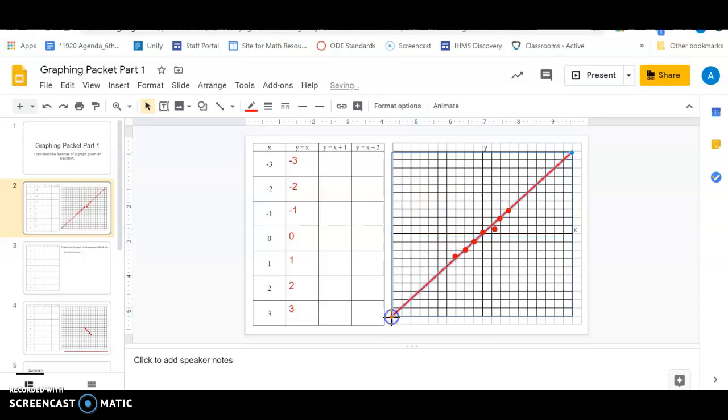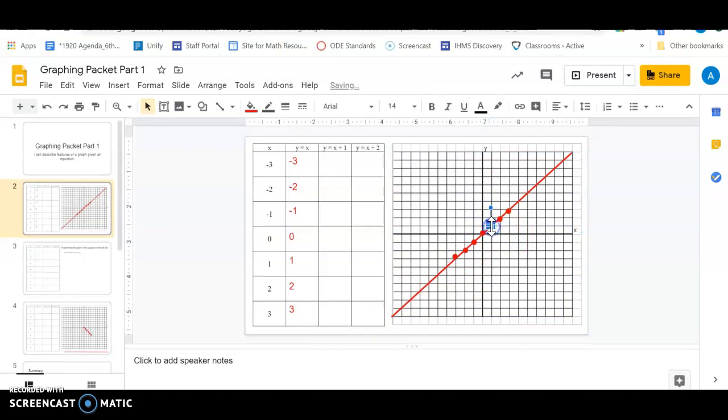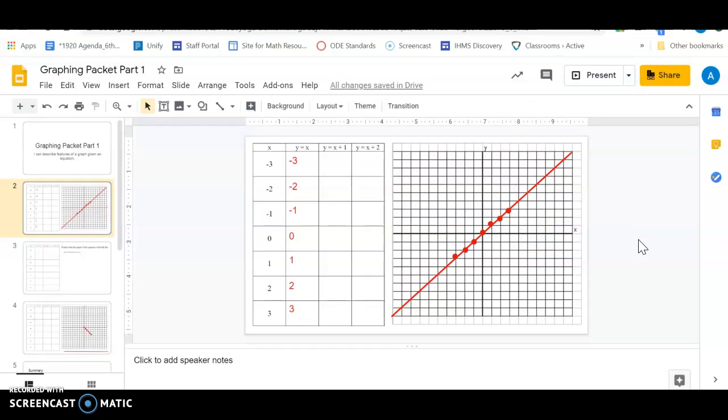Now, these dots are going to be adjustable, so you might want to use them for several different lines as needed. If you don't like them, you can go ahead and just delete them. But look at what y equals x makes. It makes a straight line.